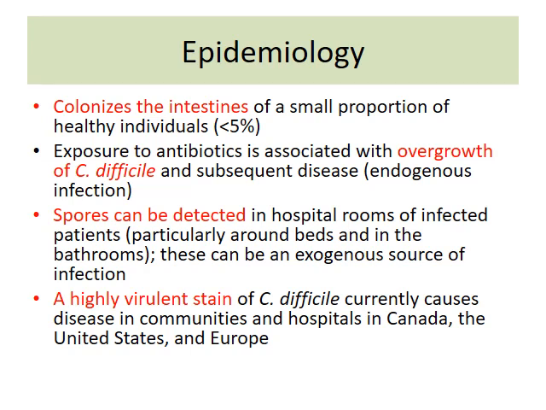And then again, you have to be very careful in hospitals because spores can be detected. And a highly virulent strain of C. difficile has been shown, especially in this country. You can imagine that highly virulent means that all your antibiotics fail.